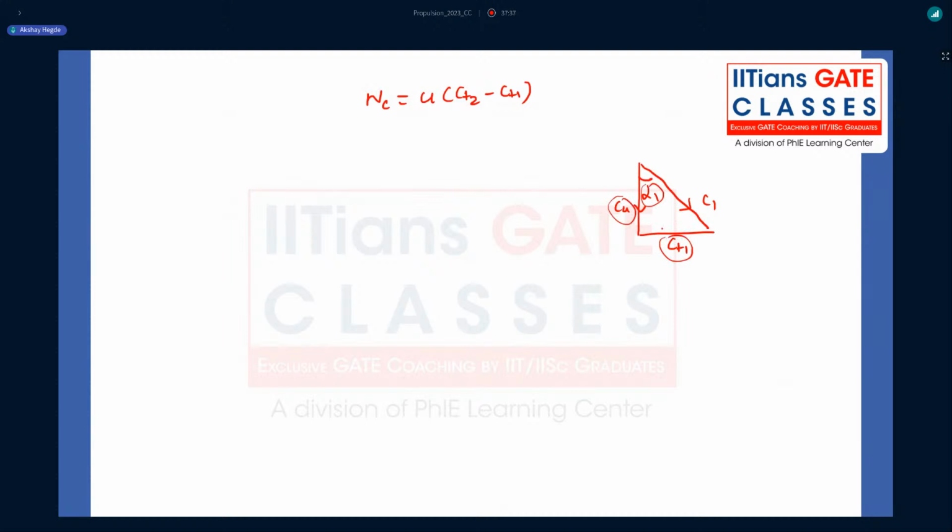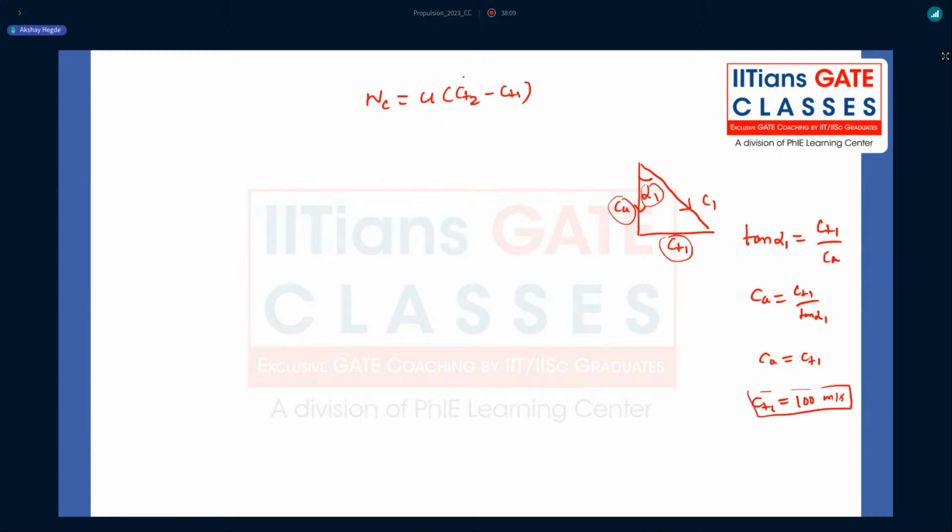If I define tan of alpha 1, that is going to be Ct1 divided by Ca, and tan 45 degree is 1, so Ct1 is Ca. So Ct1 is equal to 100 meter per second. This part is clear. U is already known.